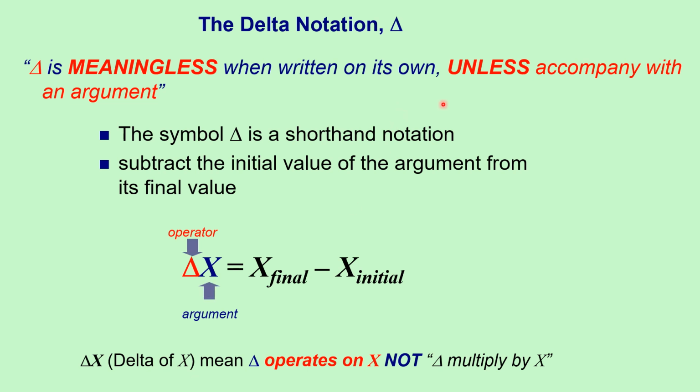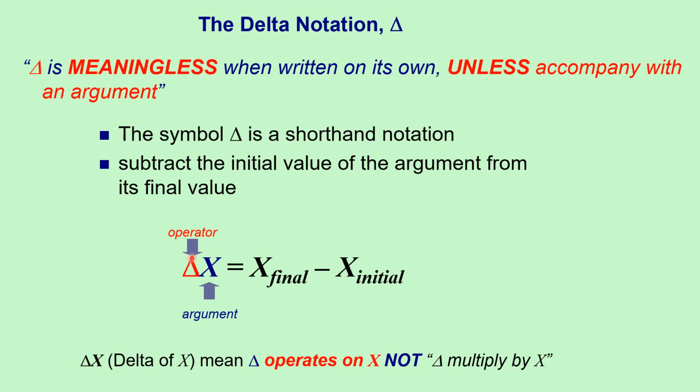Okay, next we look at the delta notation. Delta notation is written like this, a triangle. If you look at this symbol, it doesn't mean anything unless it is accompanied by an argument. For example, this one shows the difference: subtract the initial value of the argument from its final value.